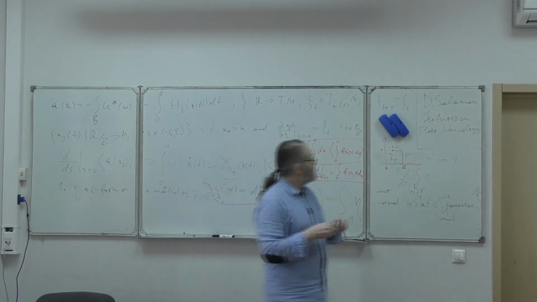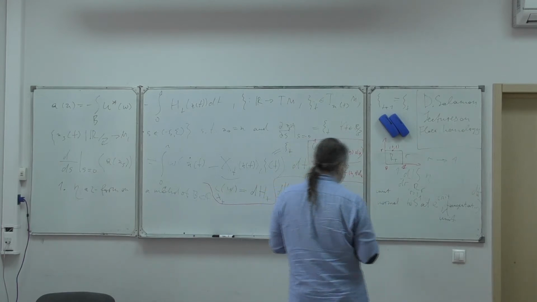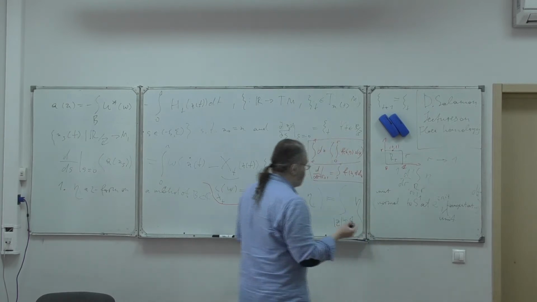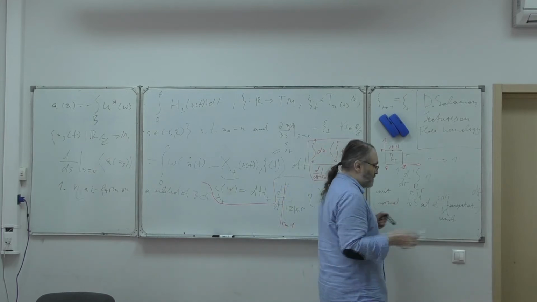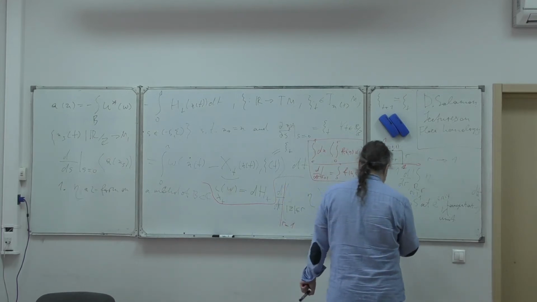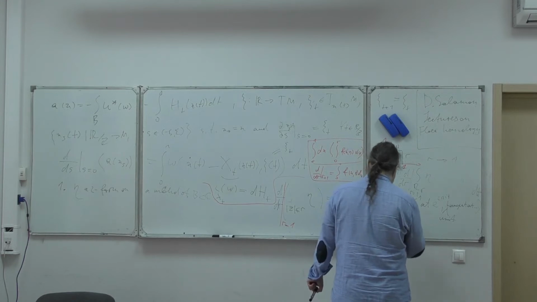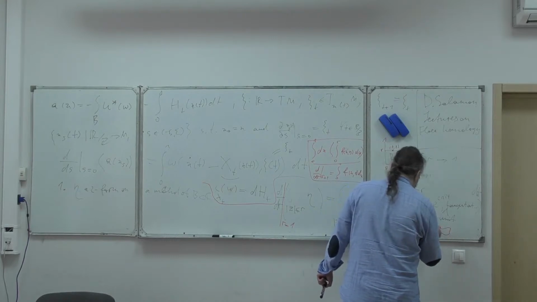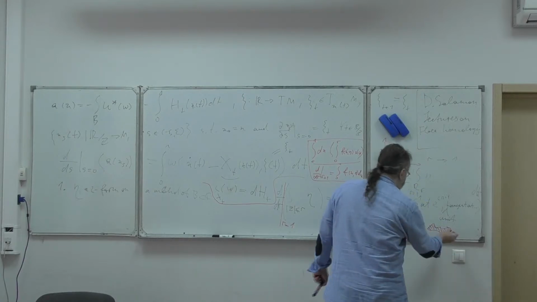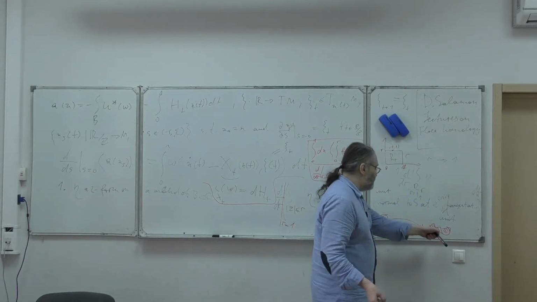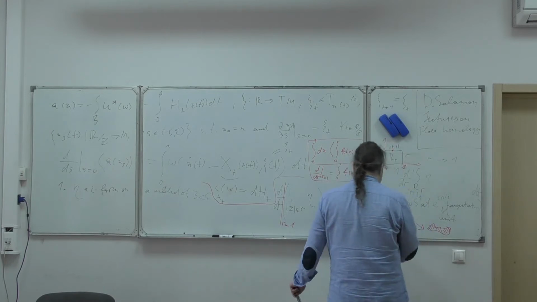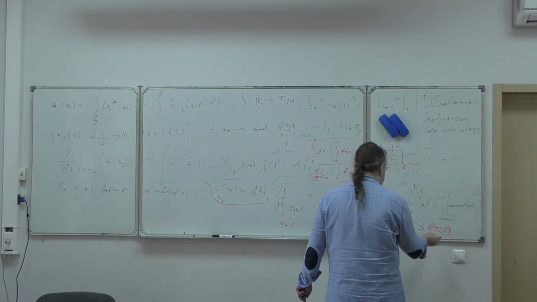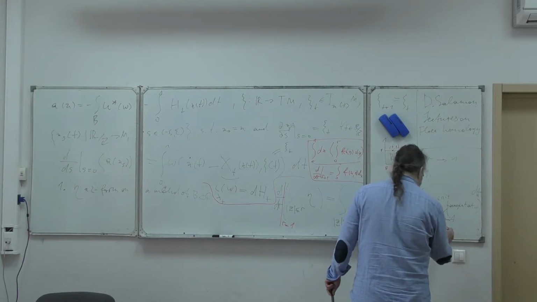What does this mean? Suppose I have a smooth map from Rn to Rn, and I have some submanifold with boundary, and a form.